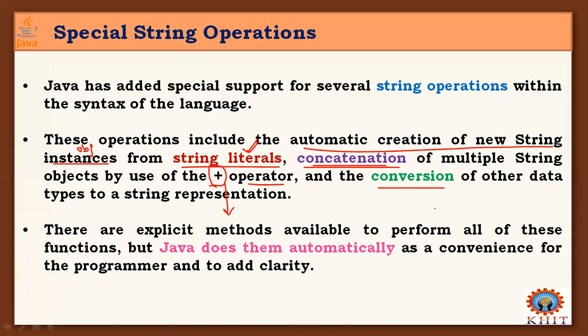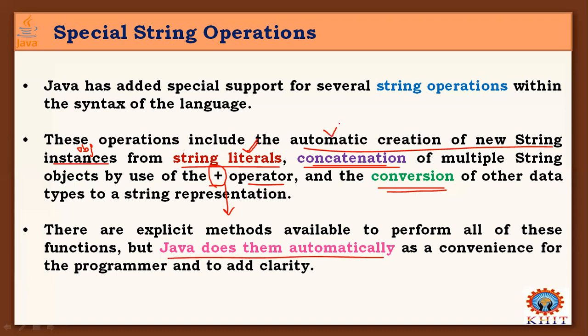Conversion of other data types into a string representation, right? In the previous video also we've seen automatic conversion between byte and string, right? And there are explicit methods available to perform all of these functions, but Java does them automatically.